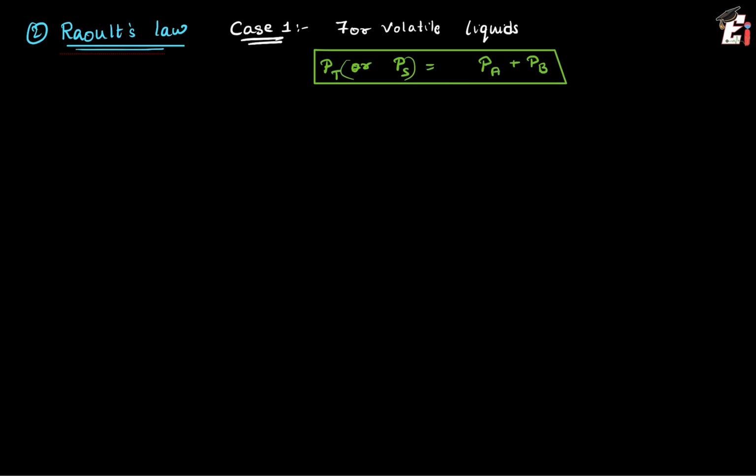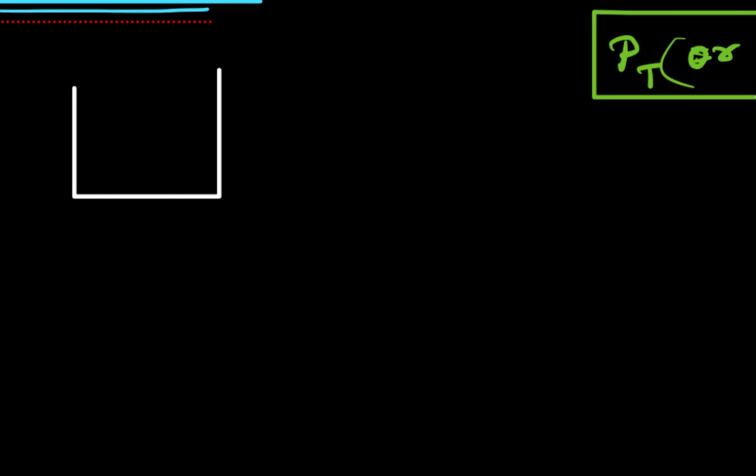If two volatile liquids are present, for example, this is our container. For example, if this is the container, here it is supposed to have two liquids. One is a blue liquid, other is a green liquid. Both are volatile liquids.